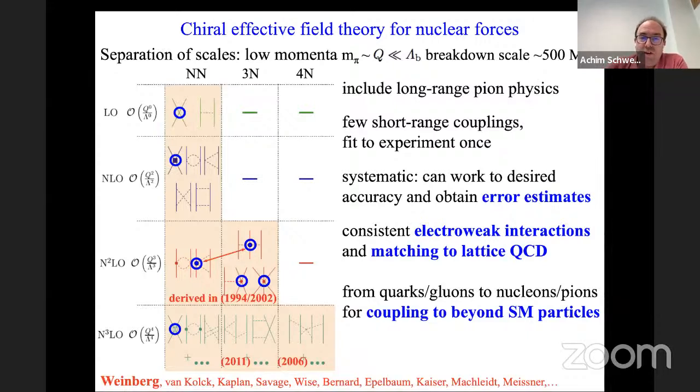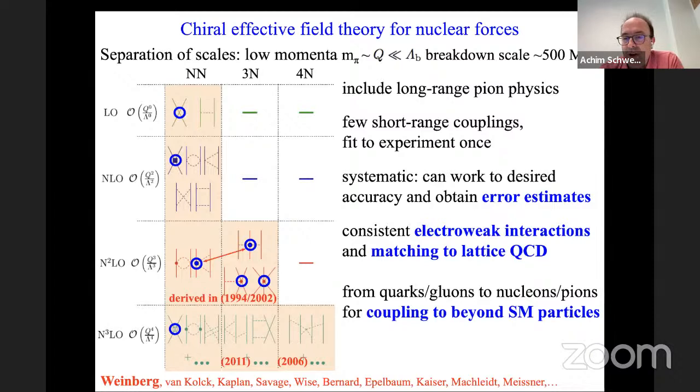And so we can make a lot of predictions, and we can understand how precise or how accurate the theory is by calculating to a particular order and then going to the next order and seeing how things change. So this is a systematic expansion. The expansion parameter is this momentum scale Q, which is maybe say 100 or so MeV, over a breakdown scale of 500. So the expansion parameter is roughly a third.